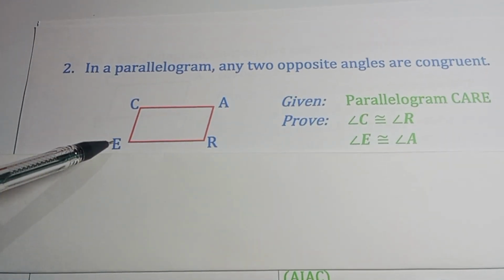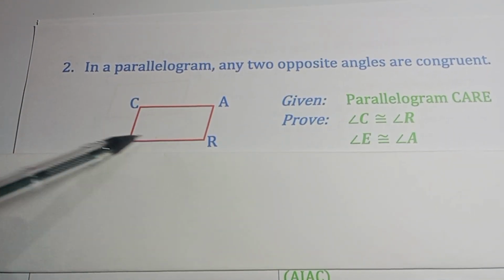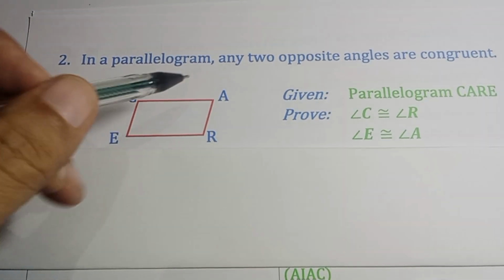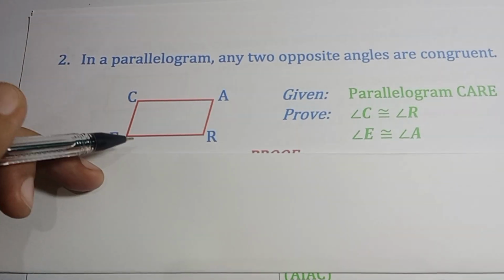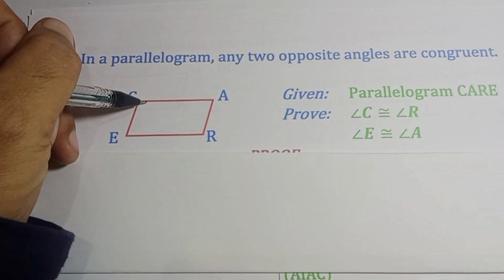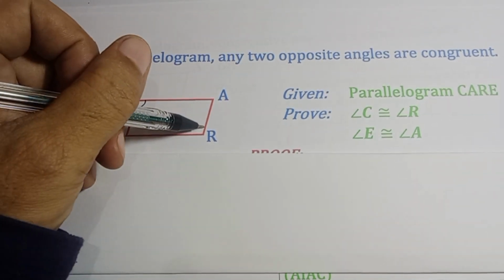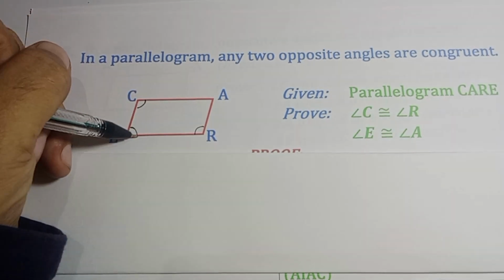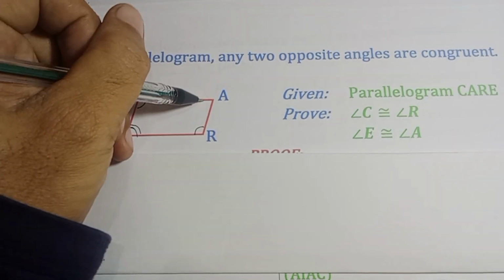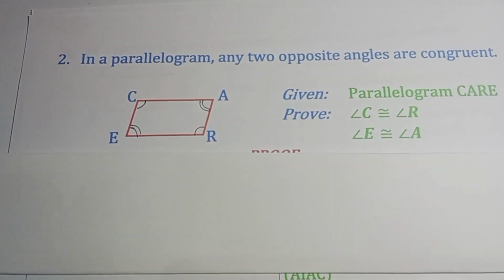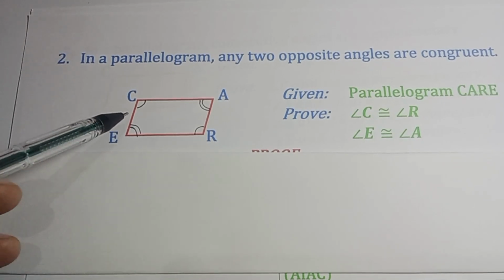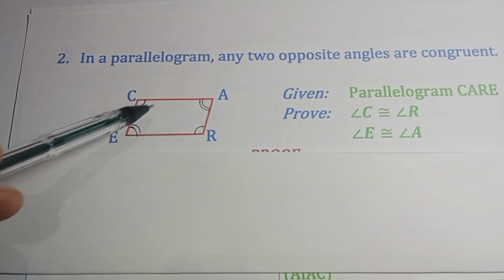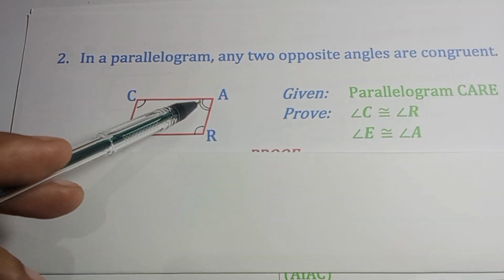So we have parallelogram CARE. It says that any two opposite angles, so we just have this. One pair of opposite angles, another pair of opposite angles. So we have two pairs. So any two opposite angles are congruent.